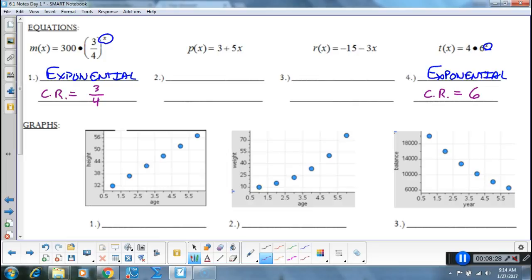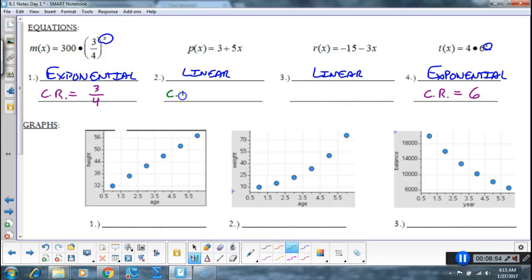Okay. Linear, thinking y equals mx plus b, or in some cases we're thinking b plus mx, kind of flipping it around. Okay, so these two are linear then. And does anybody remember how to get the common difference?